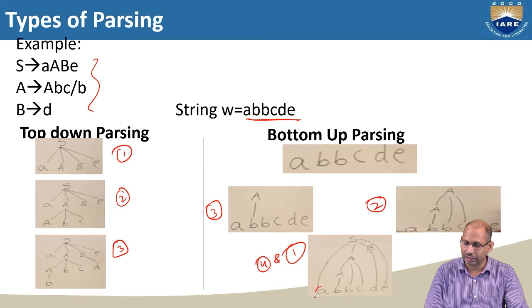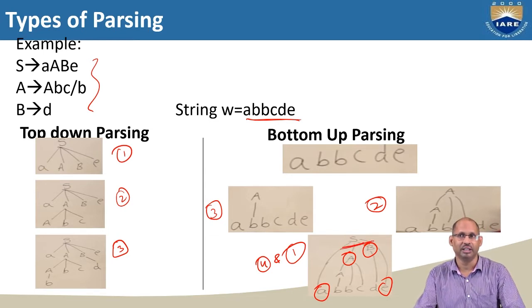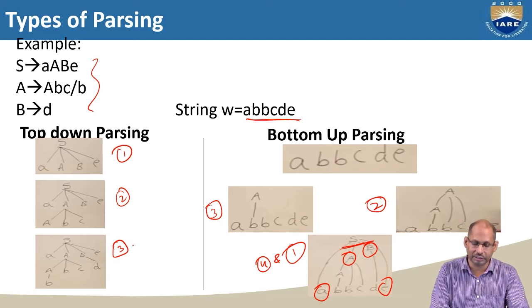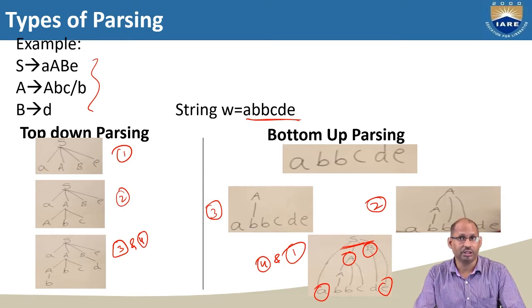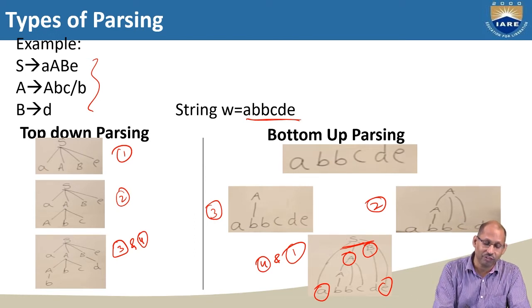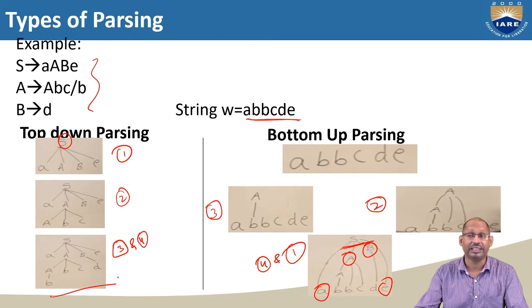So A, capital B and capital A will be replaced into our root S. Here, this third and also the fourth: A gives B and capital B gives D.